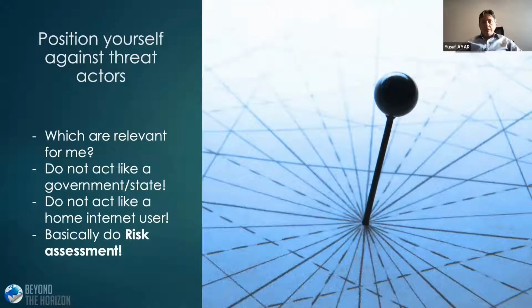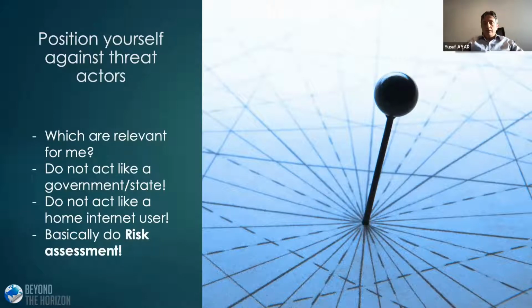So what is the reason to get to know the cyber actors? I mean, terrorist activists, states, insiders. The answer is actually to position yourself against them. You have to know which actors are relevant for me. That's important. We should not act like a government or state.